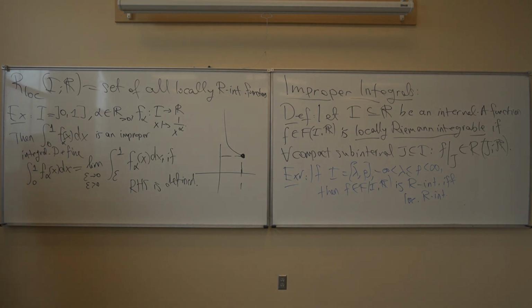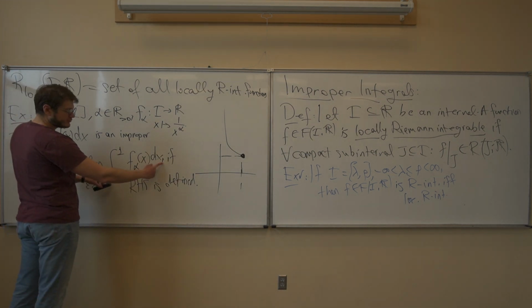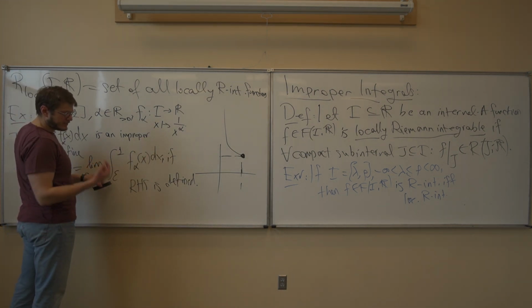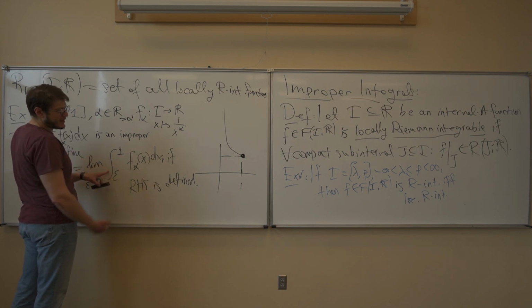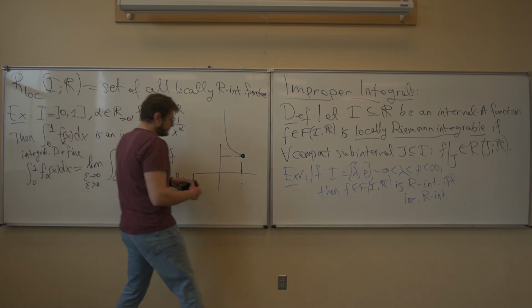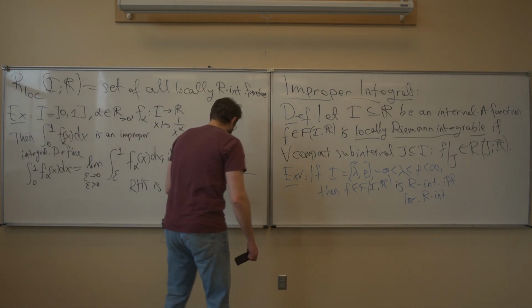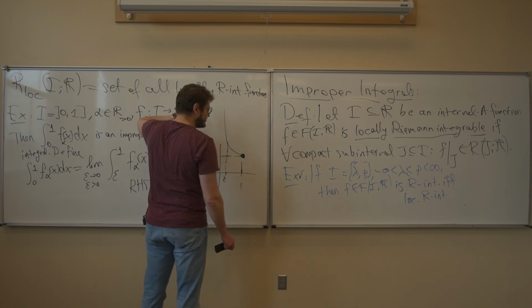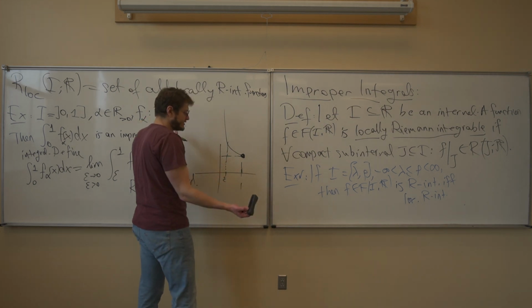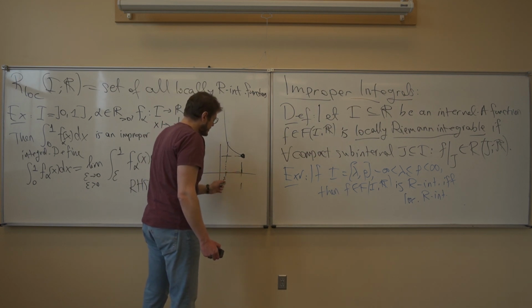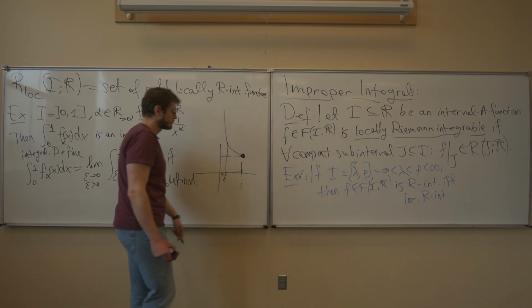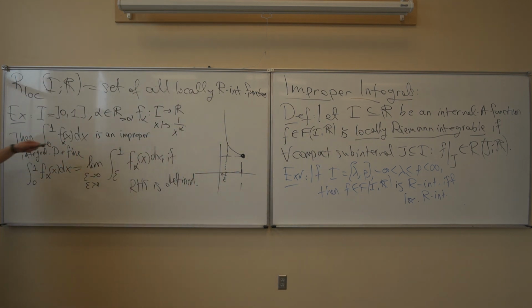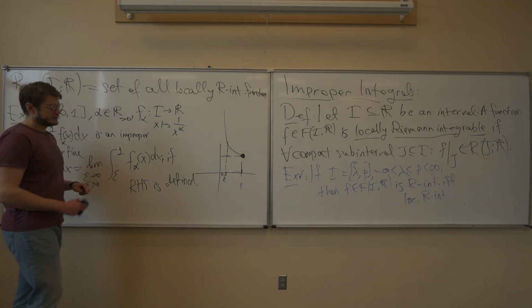Now, this expression certainly is well defined. It's a finite number, because I'm chopping off the function here, getting rid of the asymptote, and here it's a perfectly valid function. And I'm integrating over here, and I'm just going to take epsilon to 0. If that limit exists, that limit is going to be the definition of this improper integral. So what do you need to do? You need to compute this integral. Let's compute it.